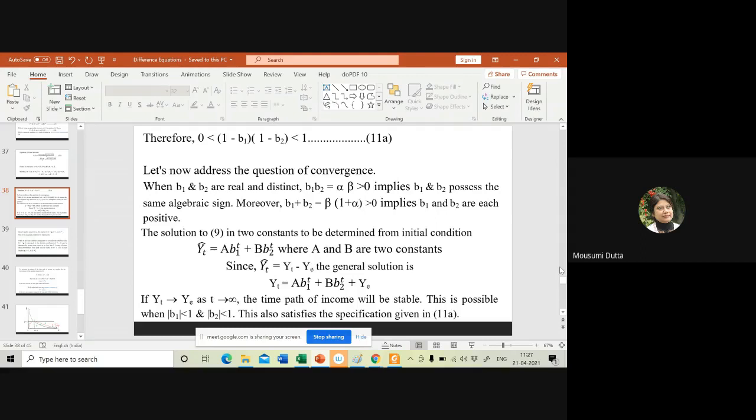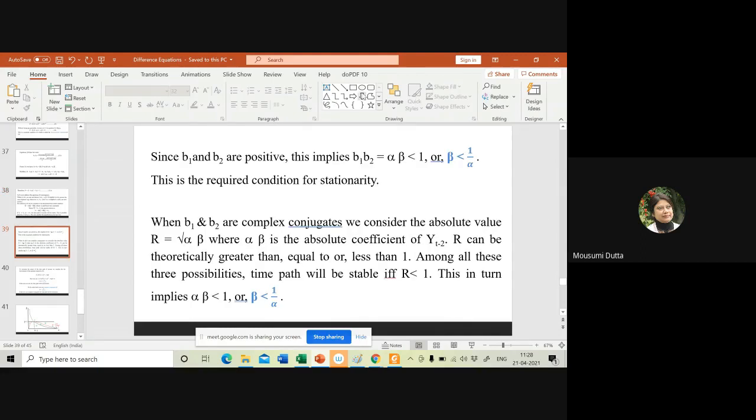Okay, so combining all these things, in case of real roots, since B1 and B2 both are positive, their product B1 into B2, which is equal to alpha beta, should be less than 1 when mod B1 is less than 1 and mod B2 is less than 1.